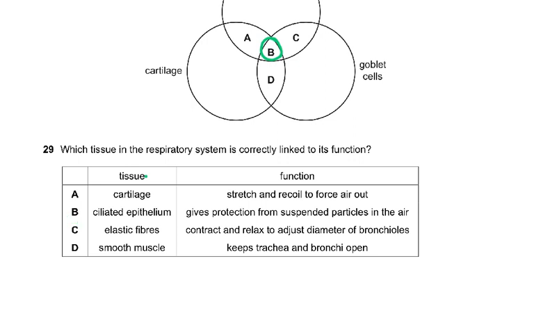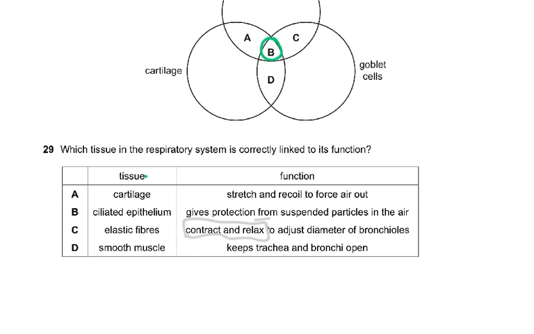Which tissue in the respiratory system is correctly linked to its function? Cartilage, stretch and recoil. Ciliated epithelium gives protection from suspended particles in the air. Elastic fibers contract and relax. We do not talk of elastic fibers that way. Muscles can only contract and relax. Elastic fibers can only stretch and recoil. Smooth muscles keep trachea and bronchi open.